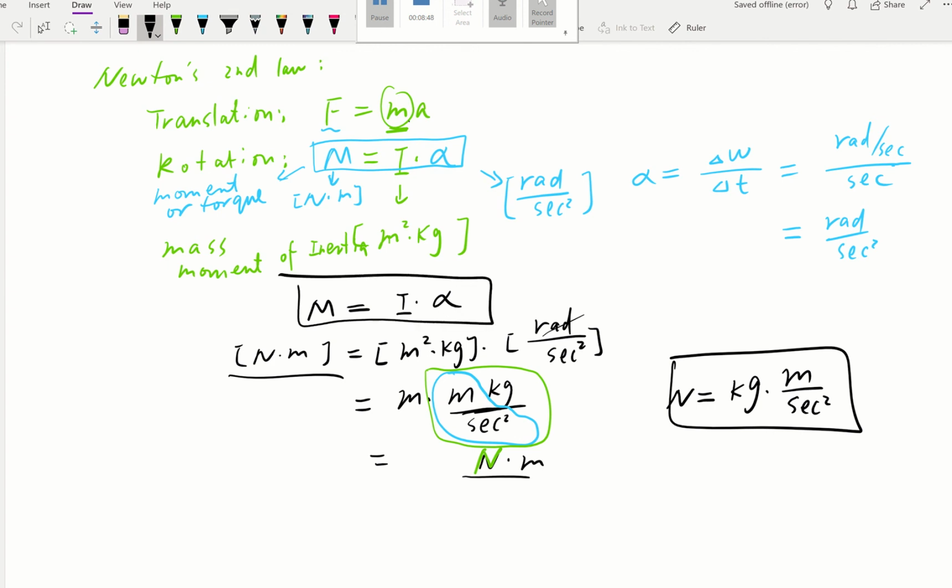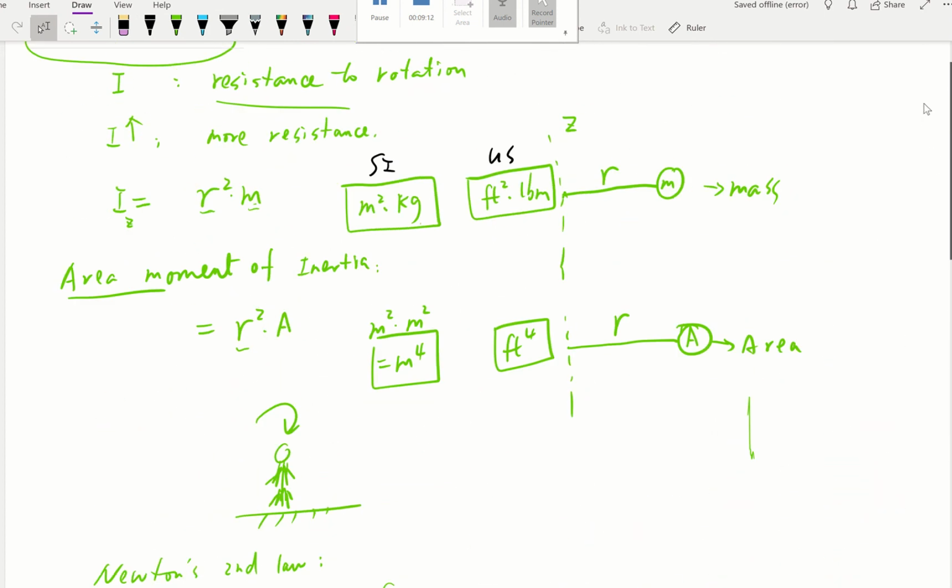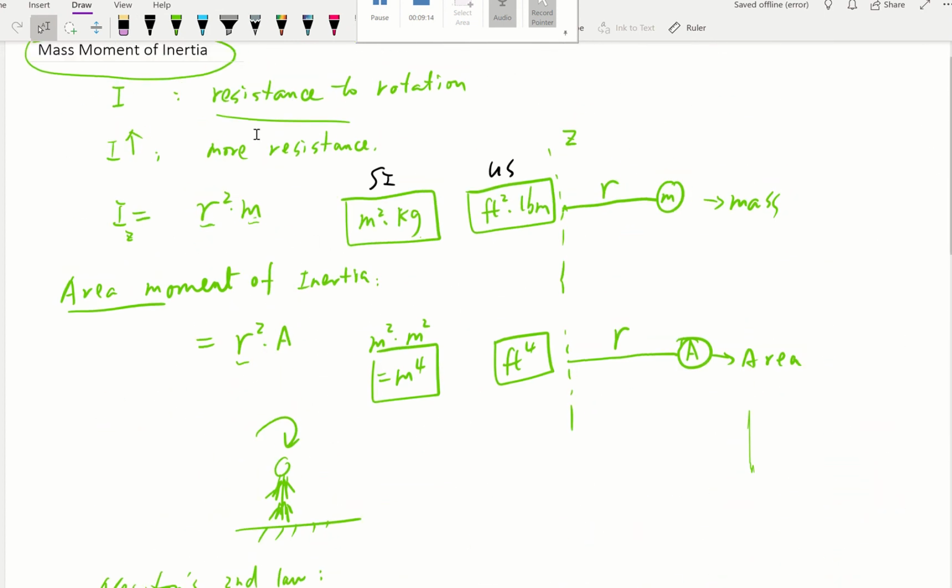So not only do we understand this equation, which I call the second law for the rotational world, that moment equals mass moment of inertia times angular acceleration, we also proved that both sides of the equation have the same dimension. Here we go, that's mass moment of inertia. We understand its unit and what it is for: its resistance to rotation.